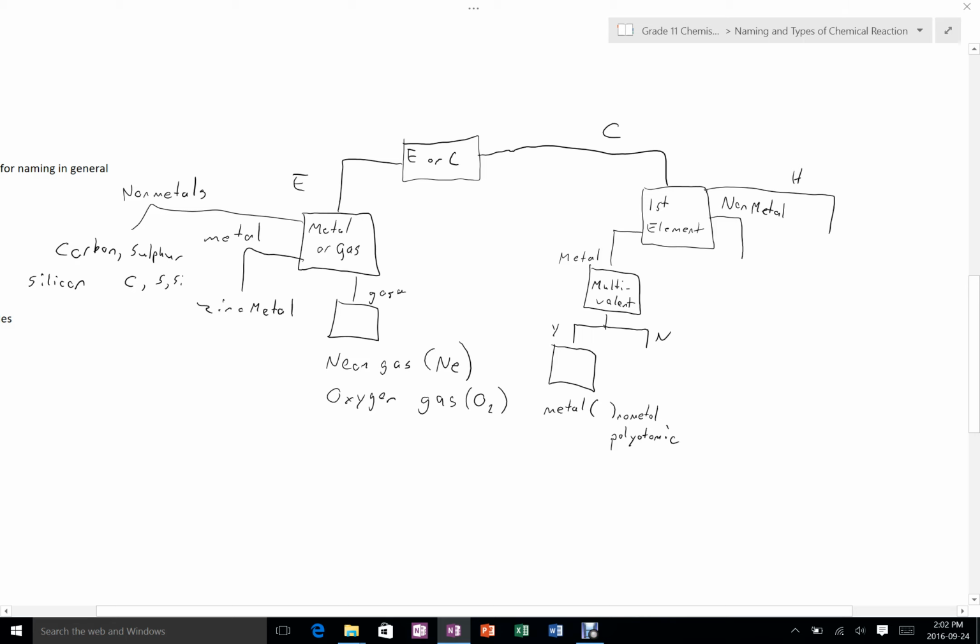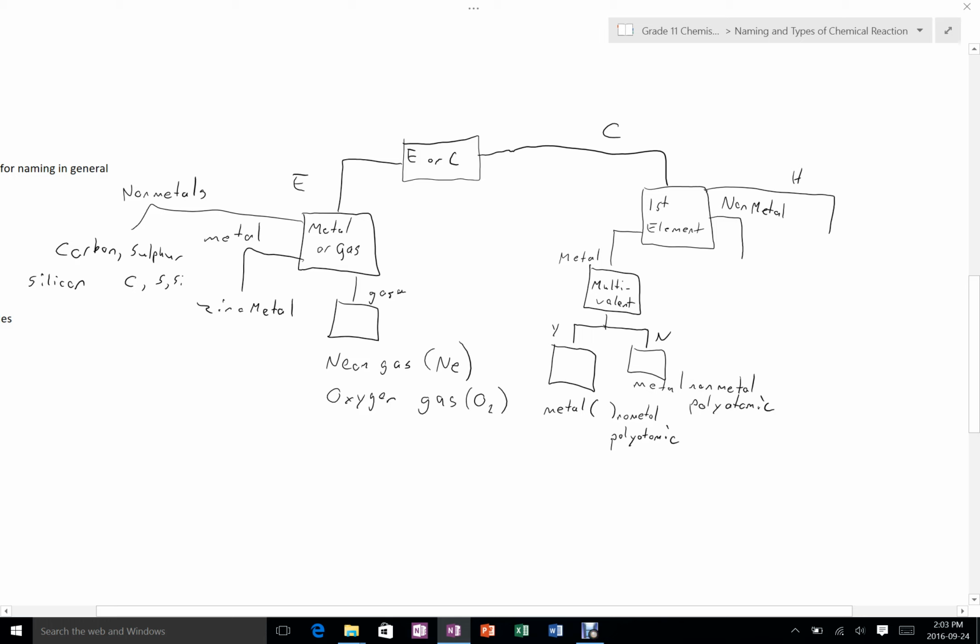And if the answer here is no, then we just get the metal and the non-metal or polyatomic. But we don't include a Roman numeral in any way.